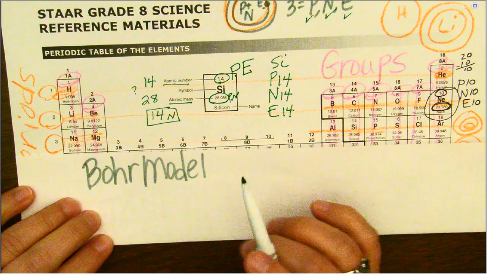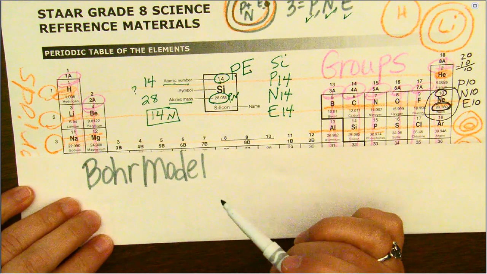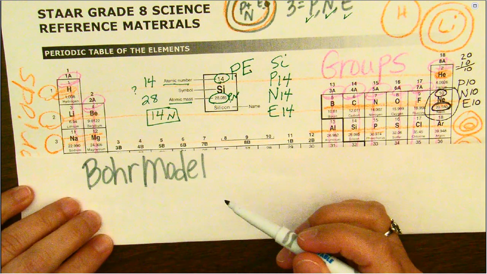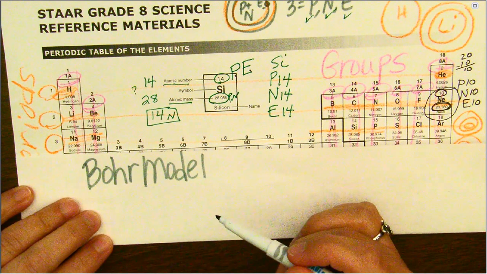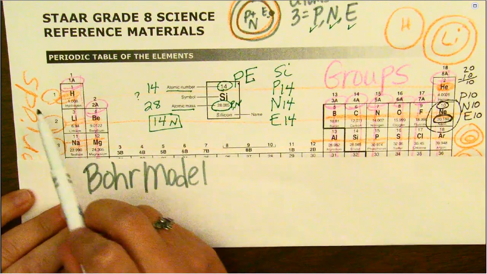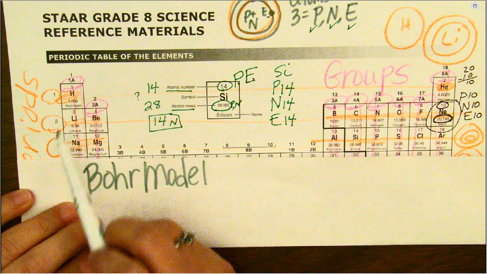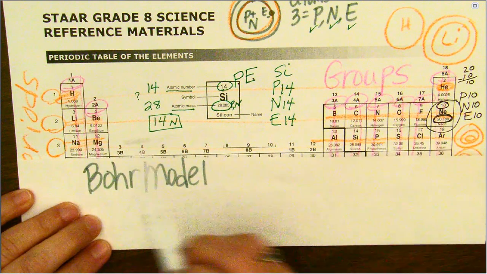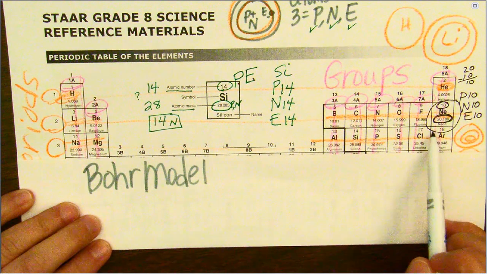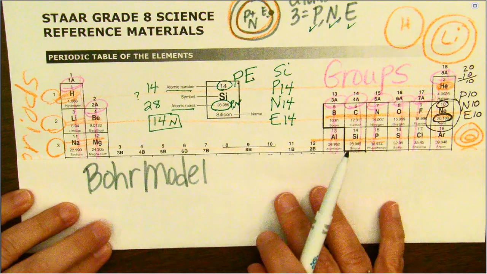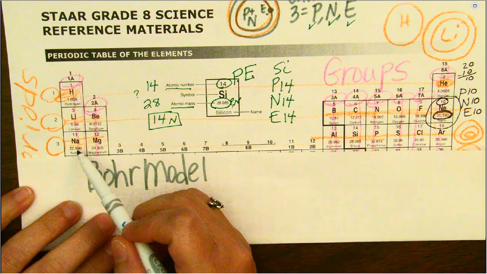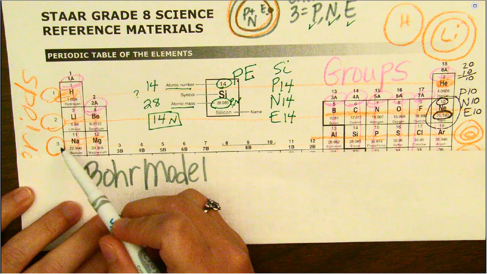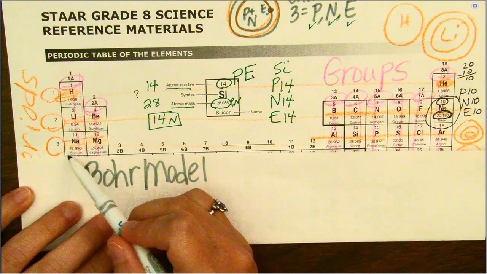So one of the first things that you need to draw in your Bohr model is how many energy levels. And if you remember, these periods tell you how many energy levels your model should have. Okay? So for example, let's say I choose sodium, this one right here.